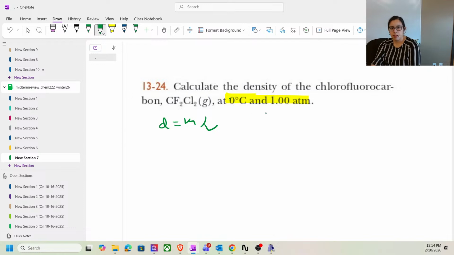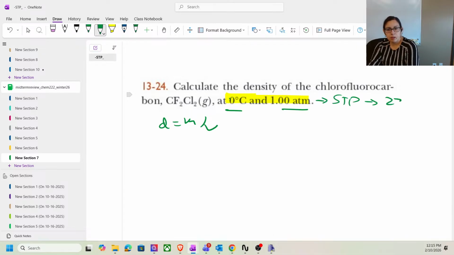What is this saying? Yeah, so that's what this implication is, they're telling you that this is STP. So good, 22.4 liters. So we're putting the pieces together. And now we just need to calculate our molecular weight.